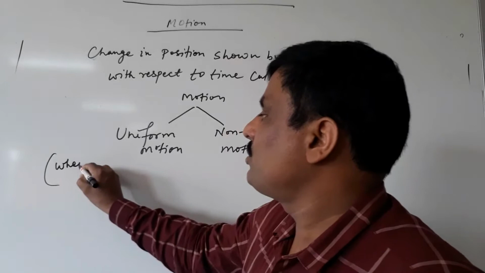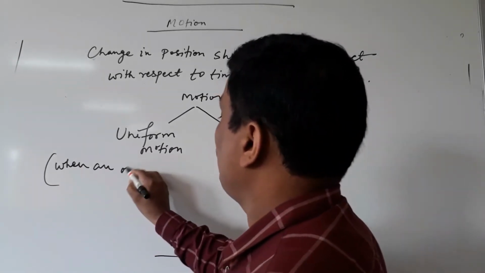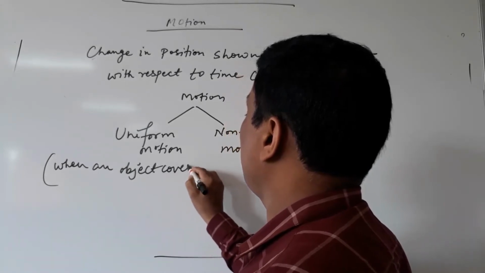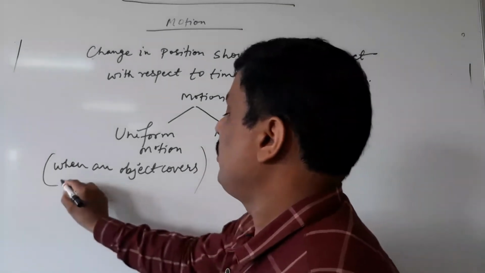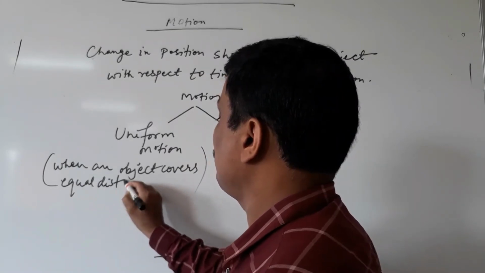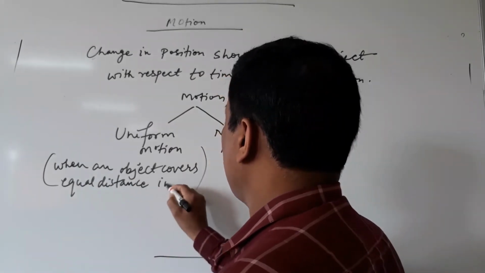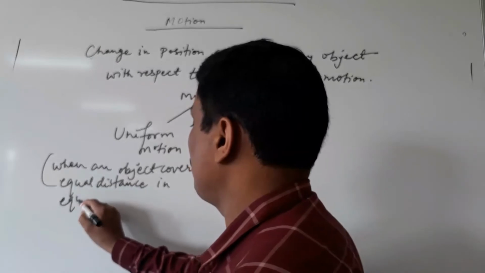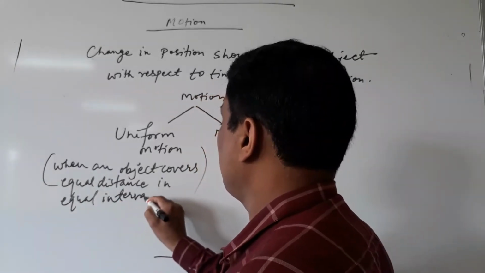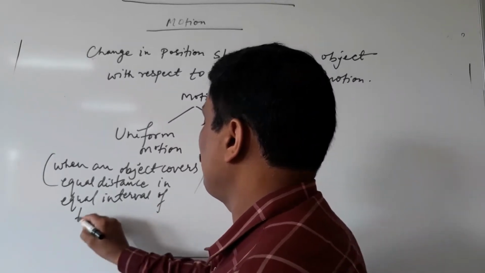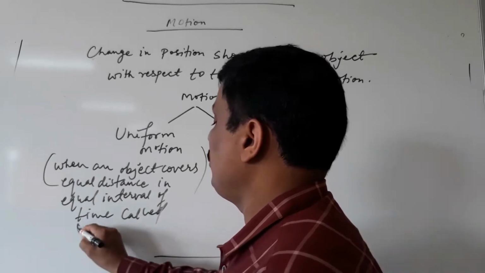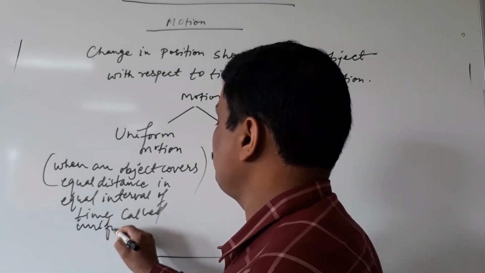When an object covers equal distance in equal intervals of time, it is called uniform motion.